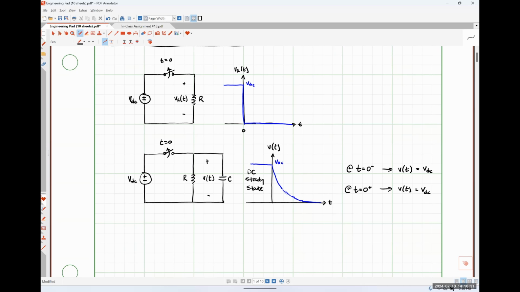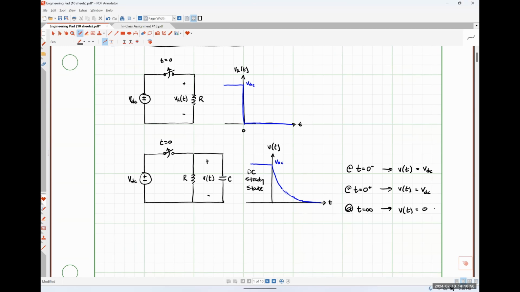Now, at what I'm going to call t equals infinity, which really just means a very long time after our switch has changed state, we should see that the voltage drop across our capacitor settles to zero. So let's think about what's going on.